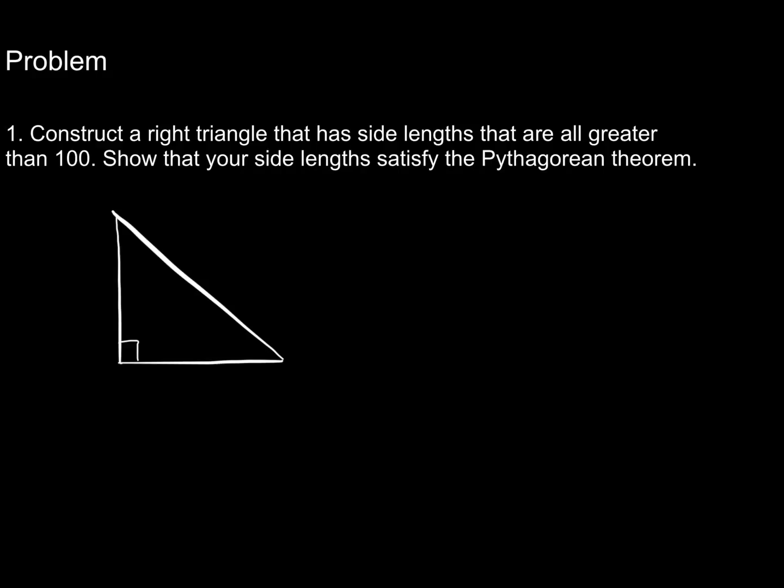So our hypotenuse is going to be the integer m squared plus n squared. And then for the other two side lengths, it really doesn't matter. They're both going to be smaller than the sum of the squares, and so we can choose to put them either place: the difference of the squares, and then twice the product of the two integers.